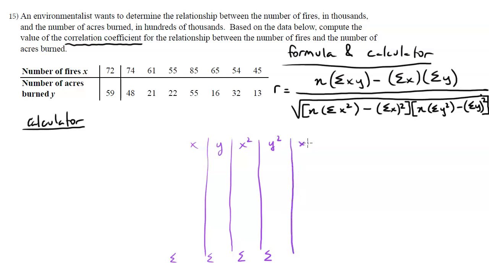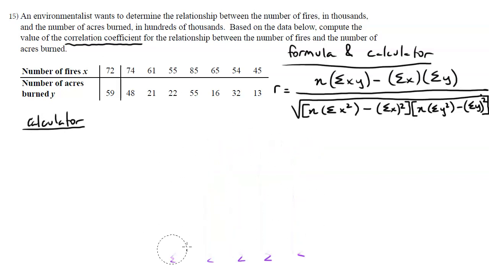Then I need xy: I multiply x times y and add all of those up. If I was doing this all by hand, this is how I would do it. But I'm going to try to be a little smarter about it.